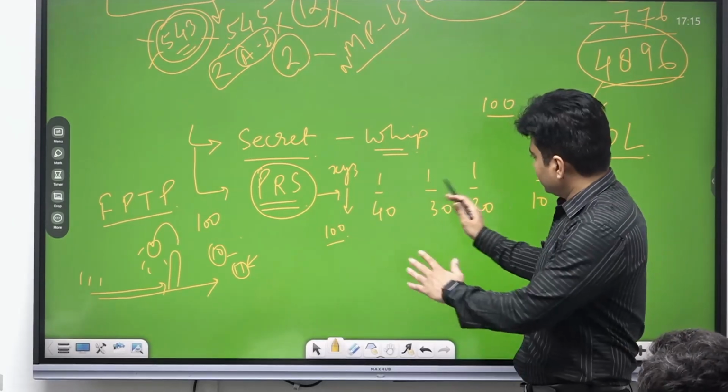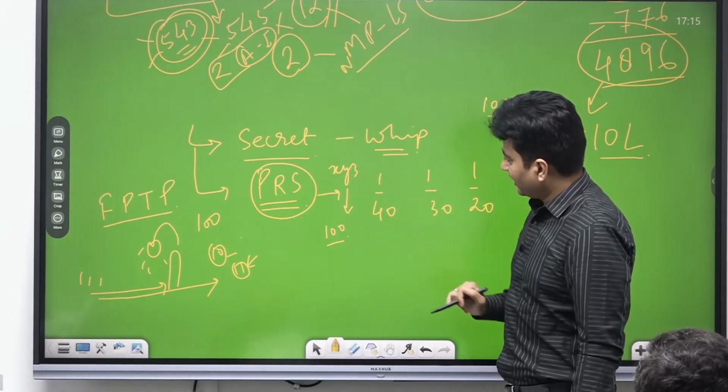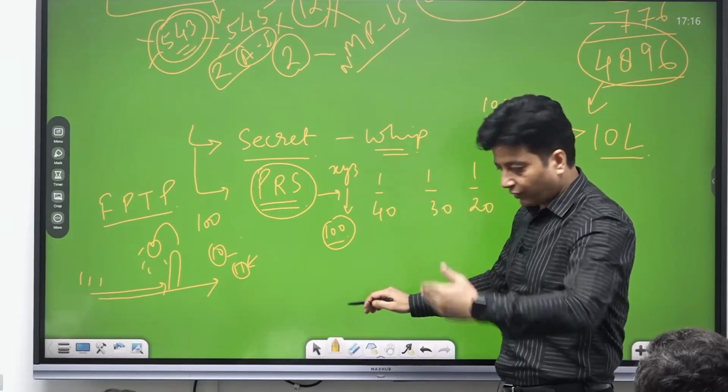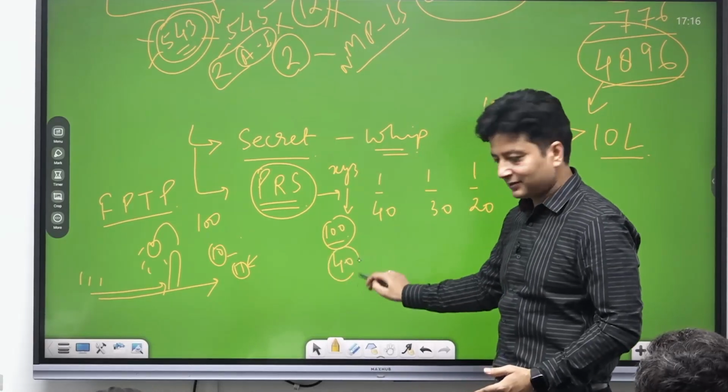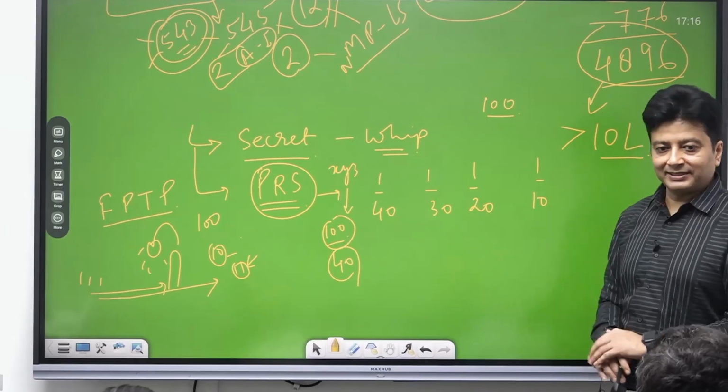Okay, so this is the proportion of the total vote value. So from this party wherein the list of 100 candidates was there, only the first 40 candidates shall be in power, 60 will not be in power. This is called a proportional representation system.